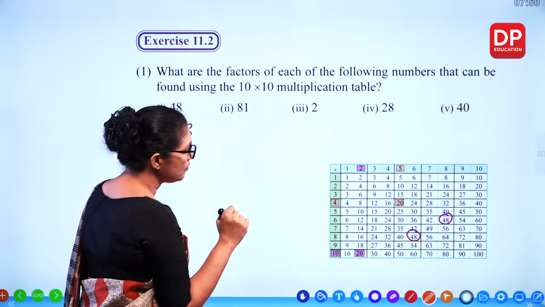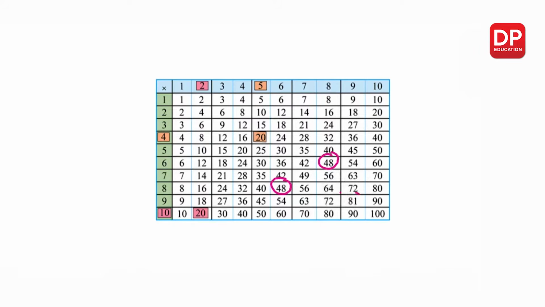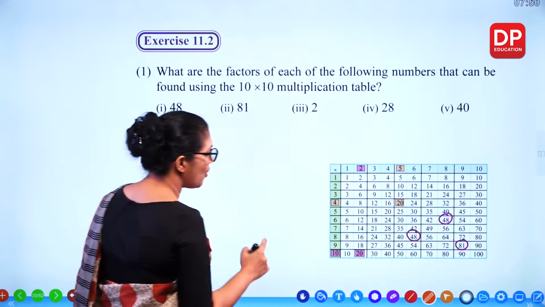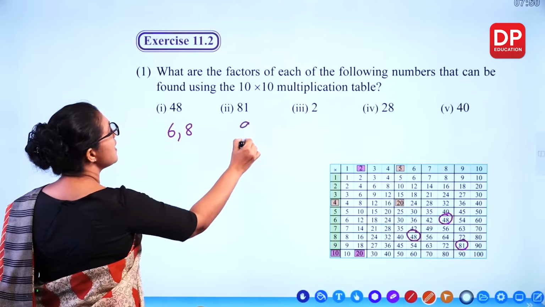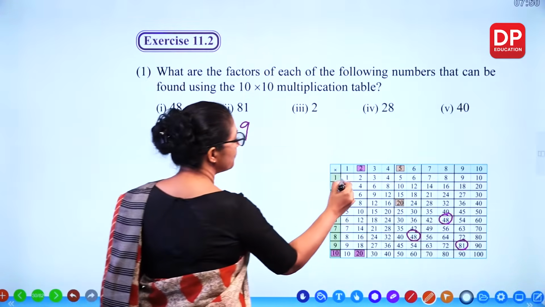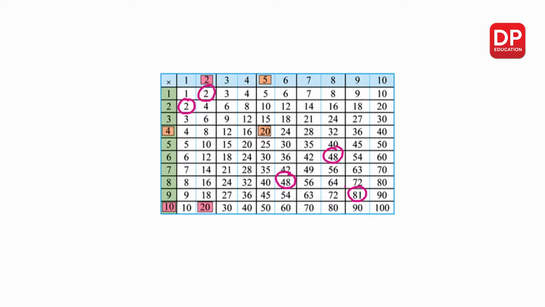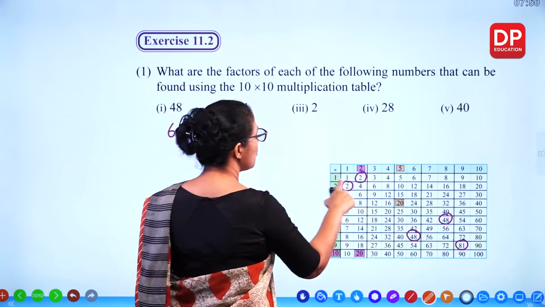81. Here, only one possibility. 9 times 9. So I can say 9 is a factor. 2. This one, this one. That's all. 2 into 1, 2 into 1.